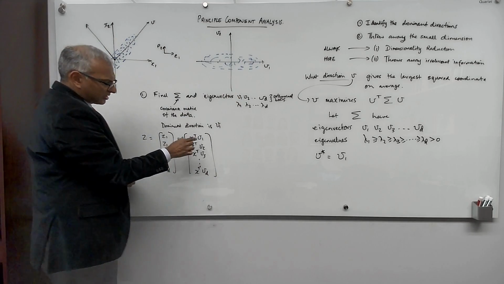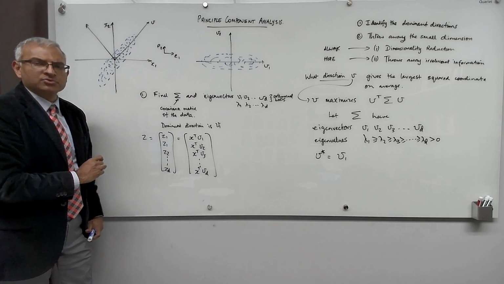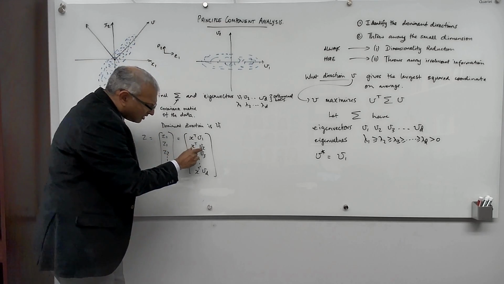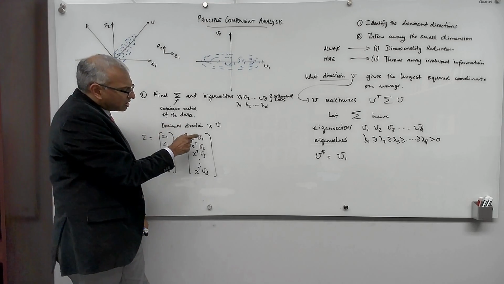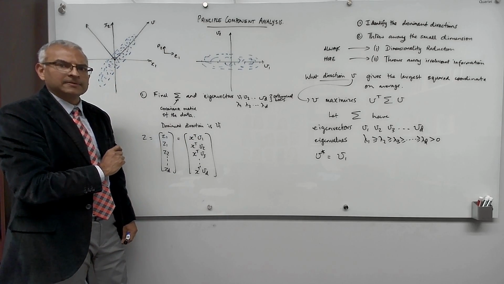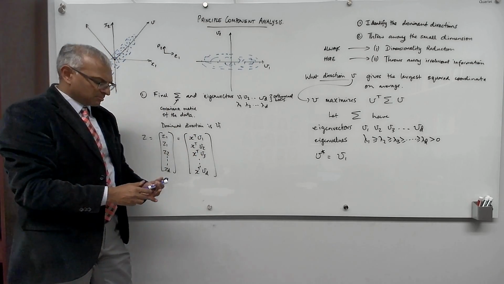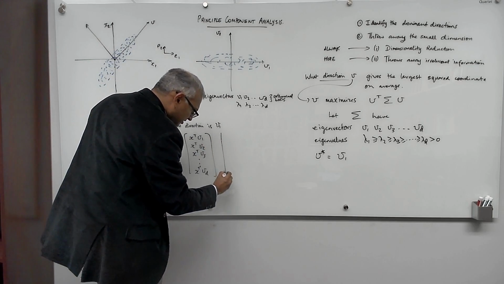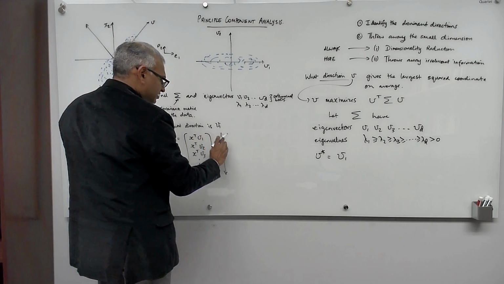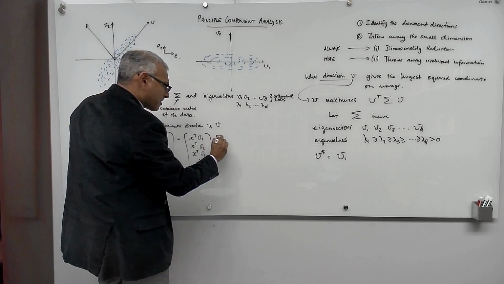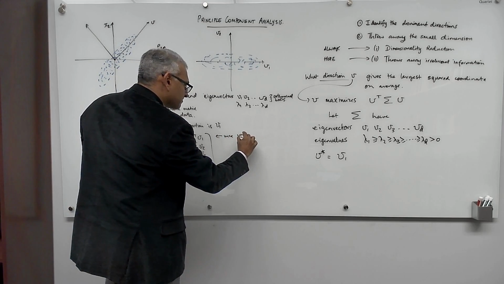And we just proved that this guy gives me the maximum variance. Well, it turns out that this guy gives me the next maximum variance if I restrict myself to directions that are orthogonal to v1. And then this guy gives me the next maximum variance. So these are directions of decreasing variance, but they are optimal.